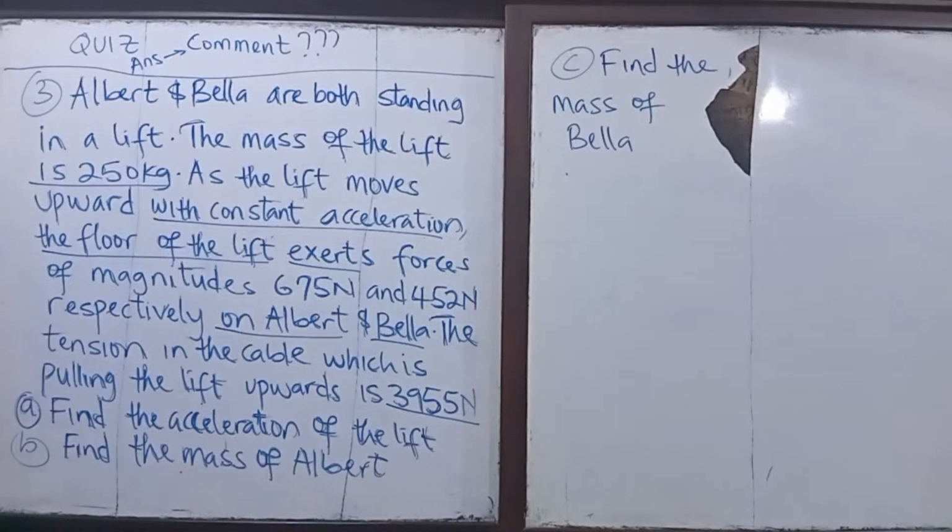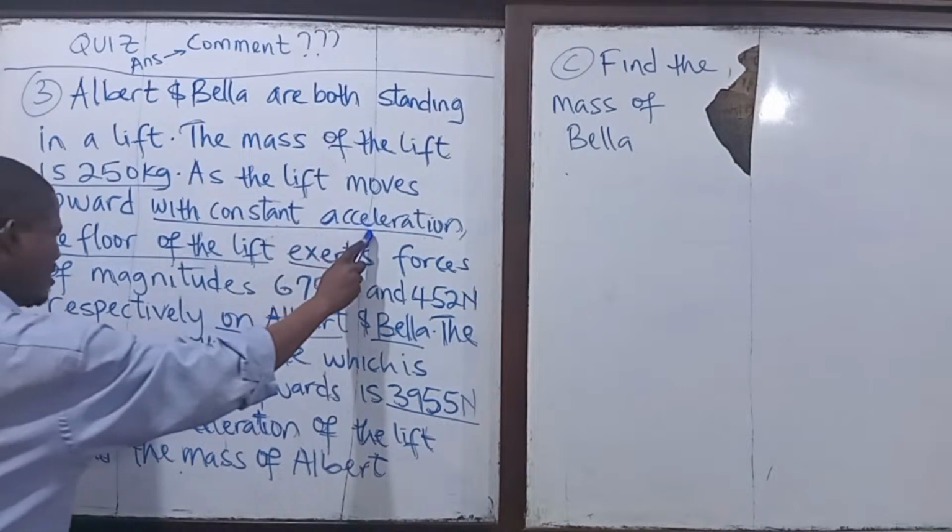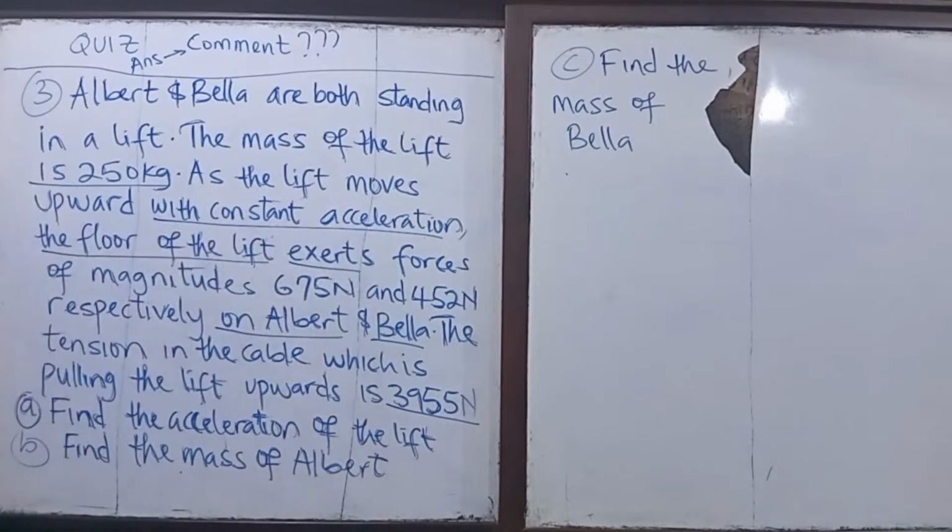Albert and Bila are both standing in a lift. The mass of the lift is 250 kg. As the lift moves upward with constant acceleration, the floor of the lift exerts forces of magnitudes 675 Newton and 452 Newton, respectively, on Albert and Bila.